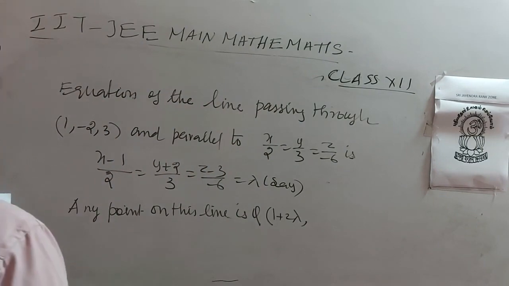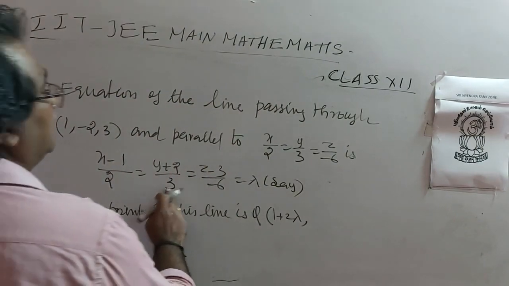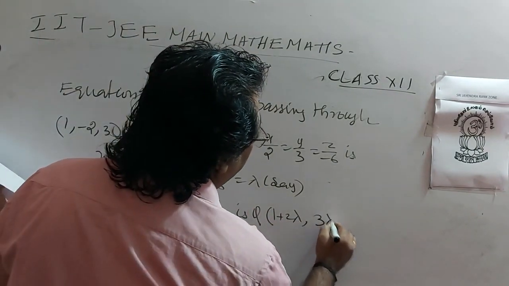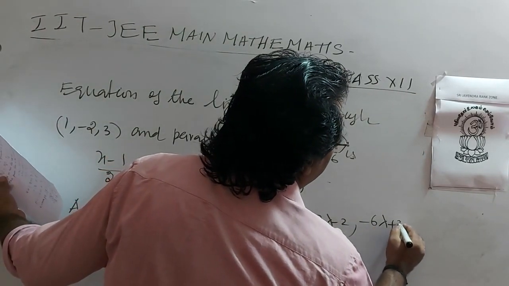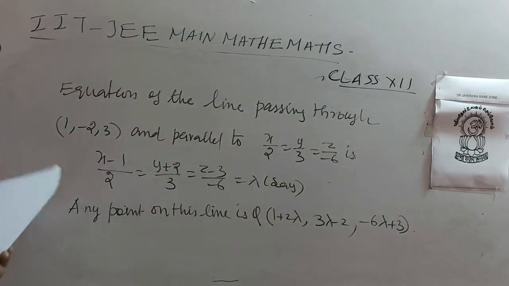Like that you can calculate: y equal to 3 lambda minus 2, z equal to minus 6 lambda plus 3.